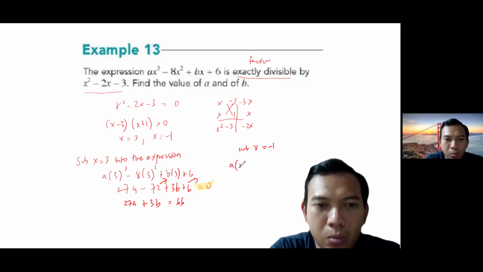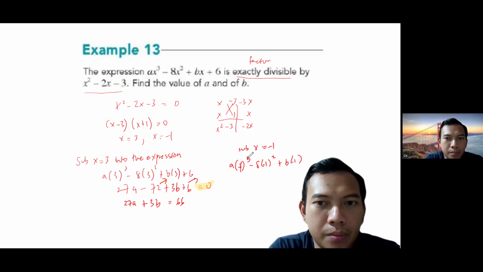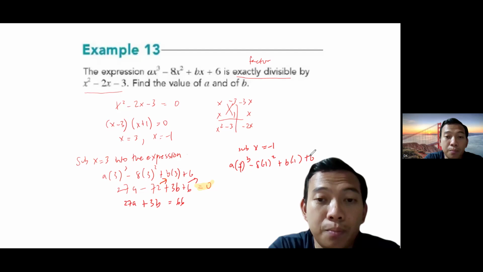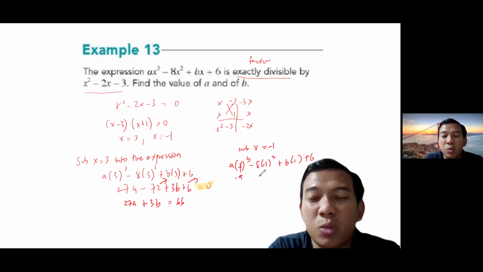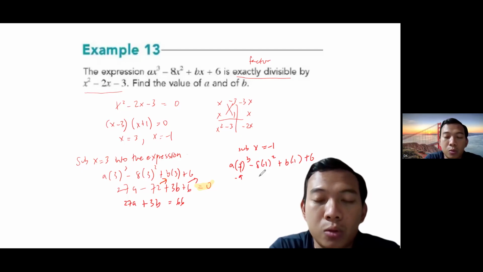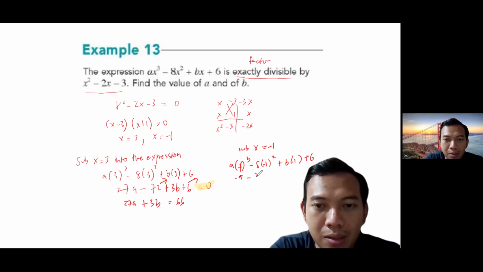Same thing, substitute x equals minus 1. You get a times minus 1 cubed, minus a times minus 1 squared, plus b times minus 1, plus 6. Minus 1 cubed is minus 1, times a gives minus a. Minus 1 squared is positive 1, times minus 8 gives minus 8.